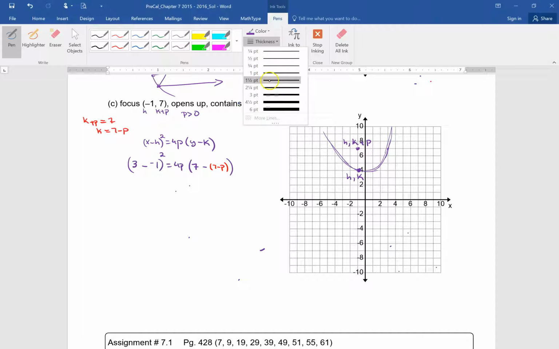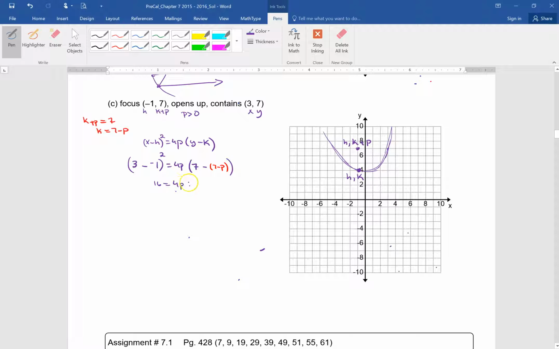So now, 4 squared is 16, equal to 4p times 7 minus 7 plus p, which means 16 is equal to 4p times p. So 16 is 4p squared. Then 4 is p squared. P then has to be plus or minus 2.